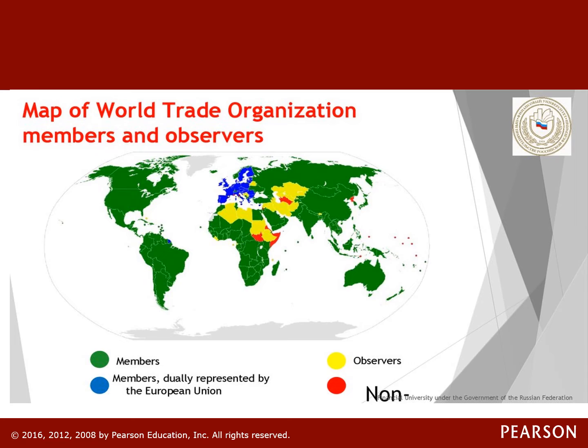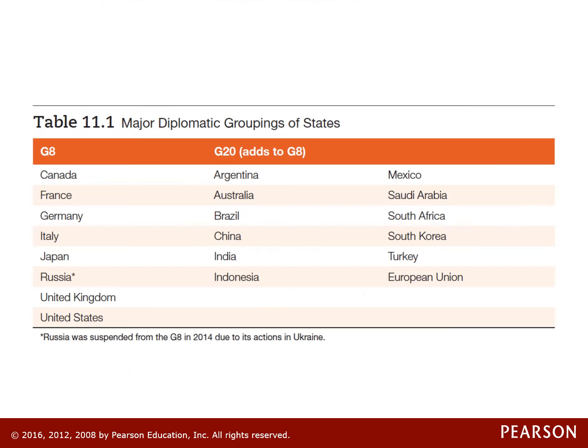As you see, most of the world is a part of the WTO. Also some groups of countries. You have the G8, which are the 8 largest economies in the world. You have the G20, which are the 20 largest economies in the world, judging by GDP.